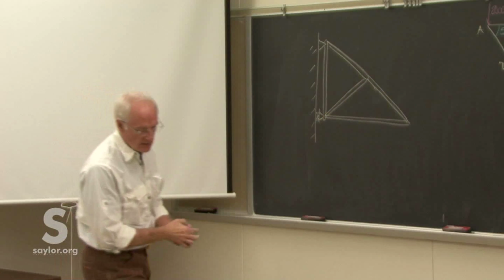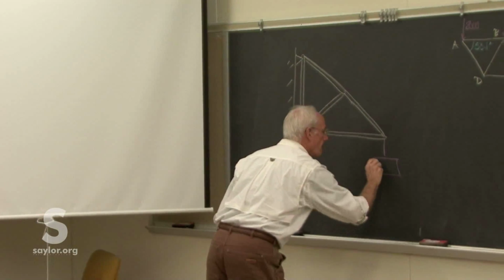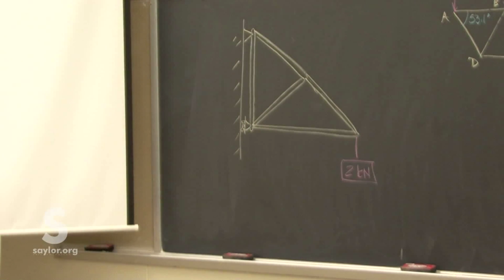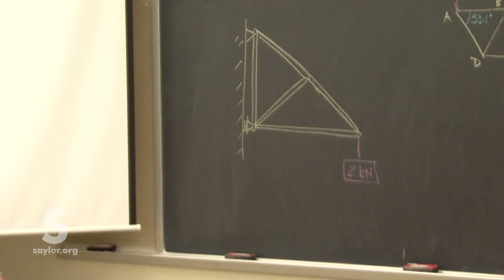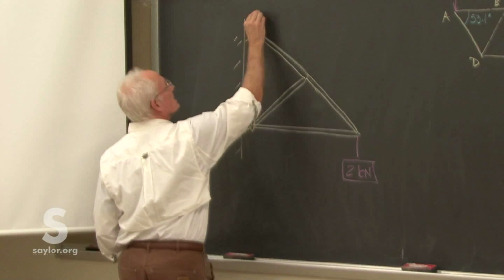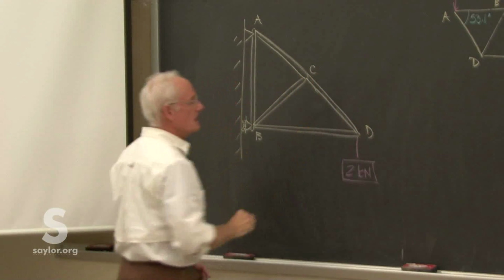And then there's a load on the end. Okay, got the picture? A, B, C, D. I'll label these so it's easier for all of us when we talk about it on Monday. A, B, C, D.